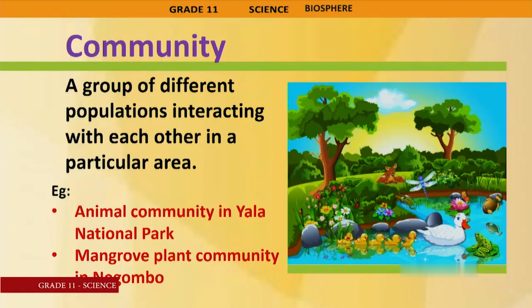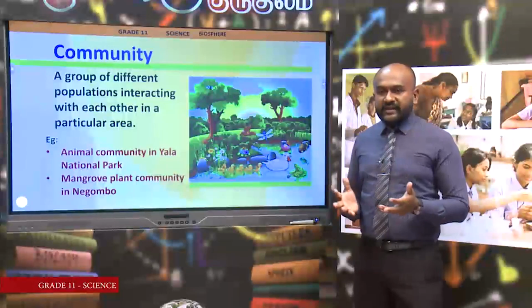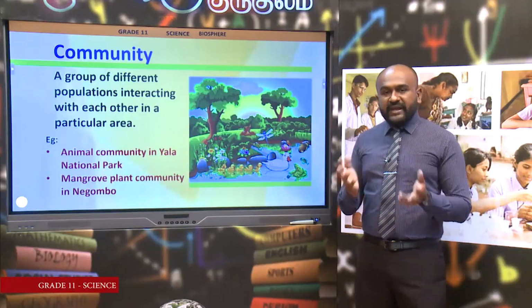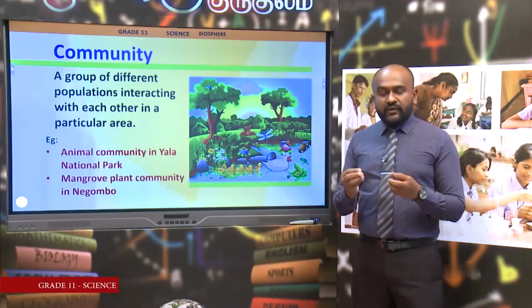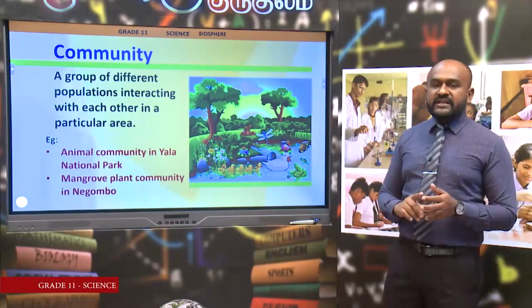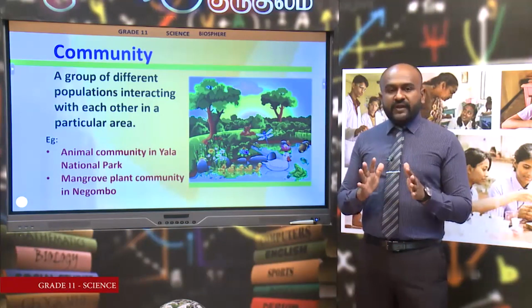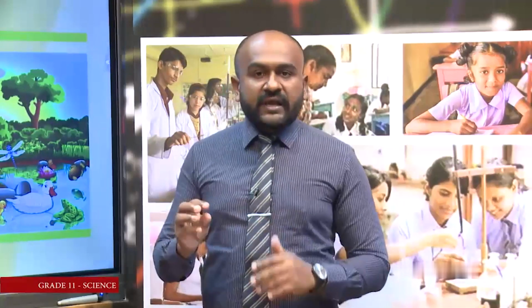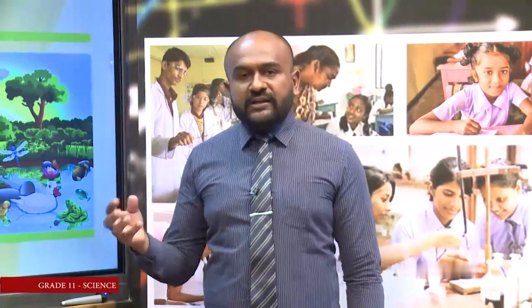Animal community in Yala National Park. So, there is an animal community, they interact with each other. So, what do they interact for? Why do they interact? Yeah. So, they interact for food, sometimes they interact for habitat, sometimes they interact for mating, sometimes they interact for protection. So, in that way, for different purposes they interact with each other. So, if you get in that way a group of populations living in a given area interacting with each other, we call that a community.